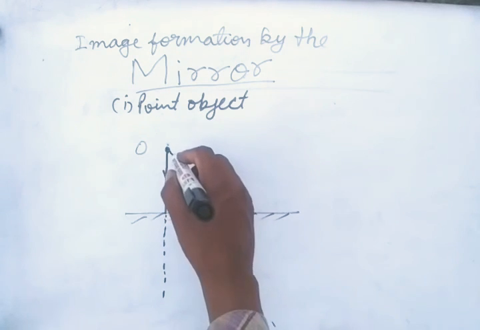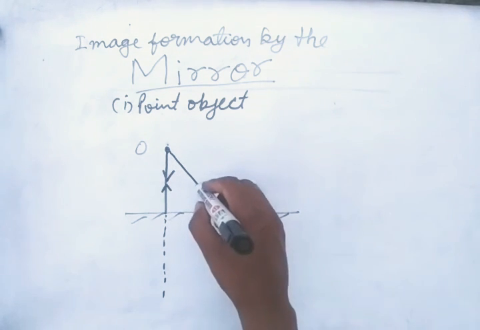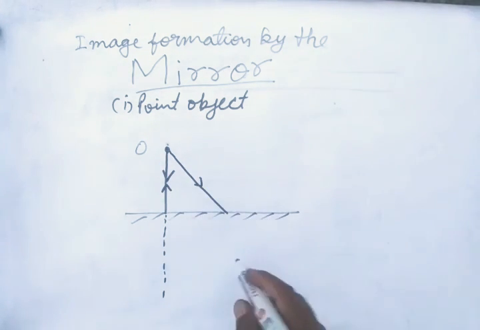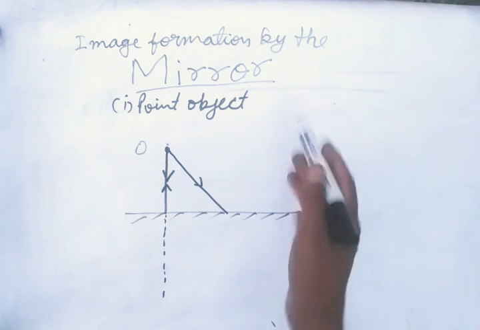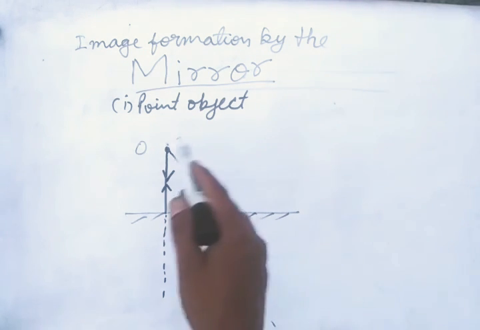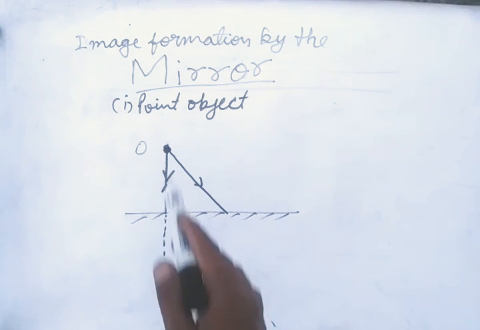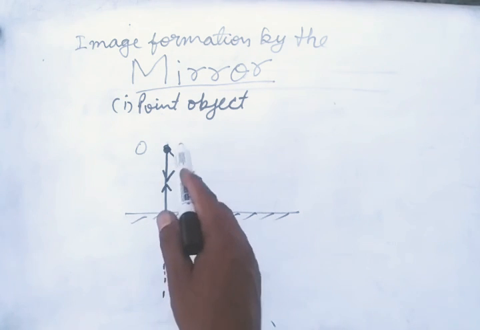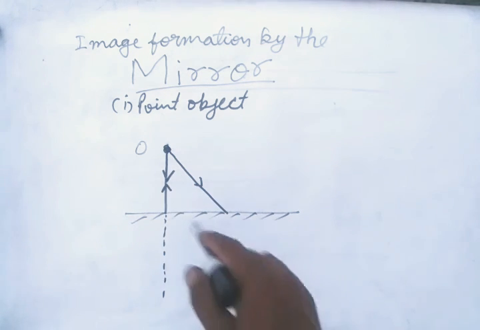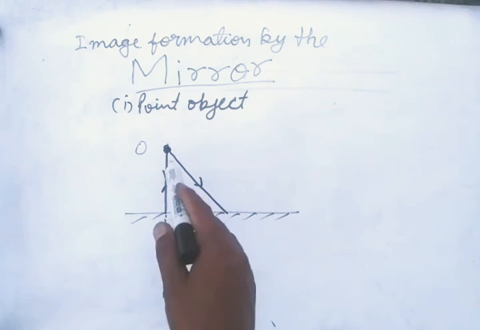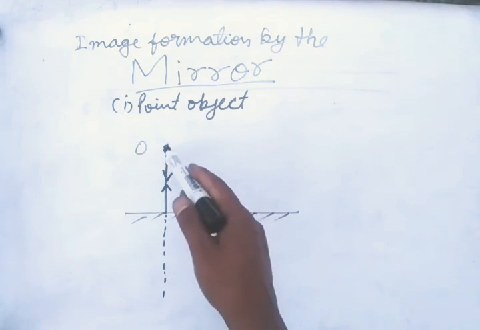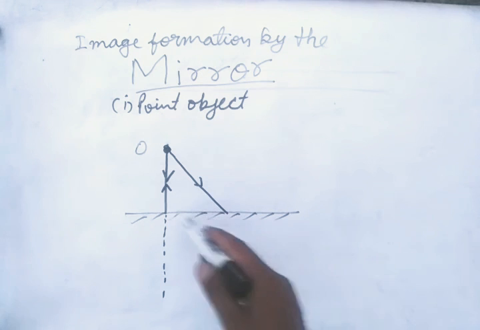Next, let us suppose, actually this object is not emitting these rays. Actually, from some other source, the rays have been incident on this surface, and afterward it is reflecting them, and we are observing the light which has been reflected by the mirror.